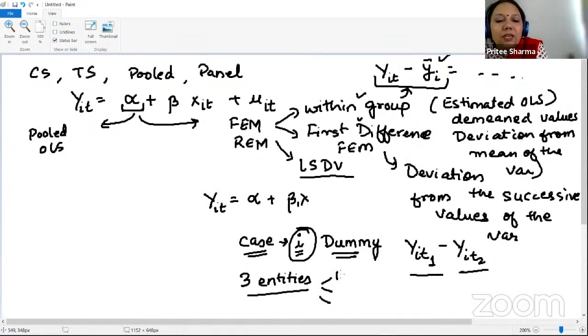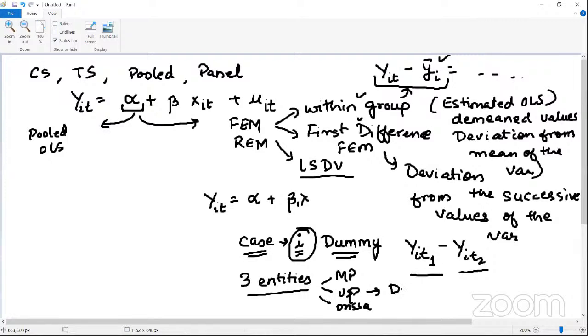We have states: Madhya Pradesh, Uttar Pradesh, and Orissa. We create a dummy for Uttar Pradesh and call it D1, or if you don't want to get confused, you create it as D2. And for Orissa, D3.